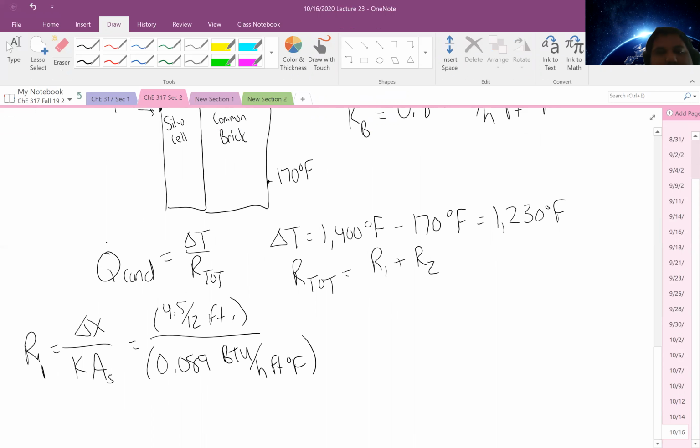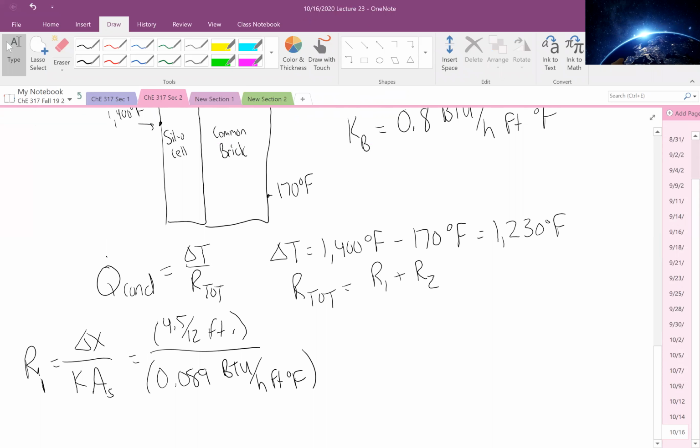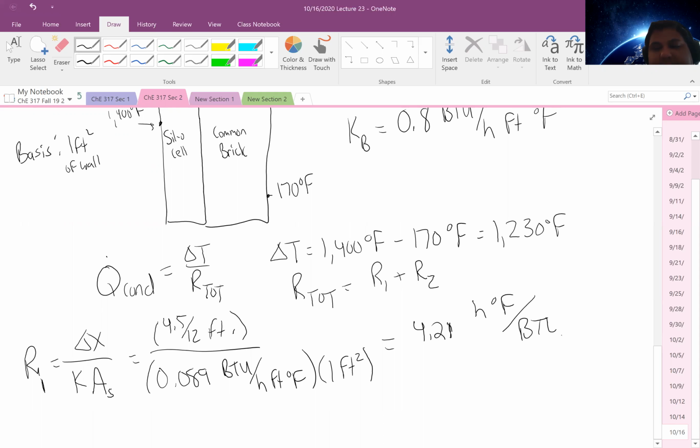And I need my area. I don't have an area, so I can simply take a basis of 1 foot squared of wall to make my calculations simple. If I do this, I get a value of approximately 4.21 hours degree Fahrenheit per BTU.